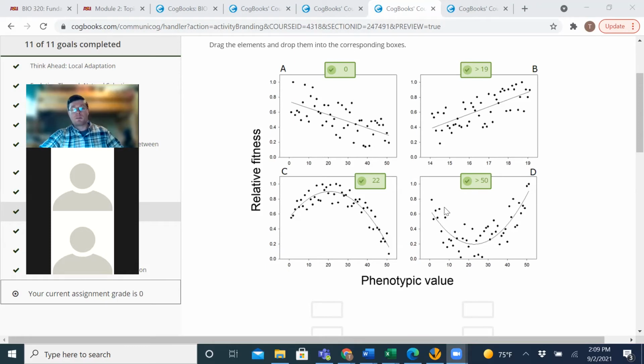You could make an argument verbally that either a very low or a high phenotypic value will give you the greatest general relative fitness, but this is a better answer than that one. Right, that makes sense. Yeah, good question.